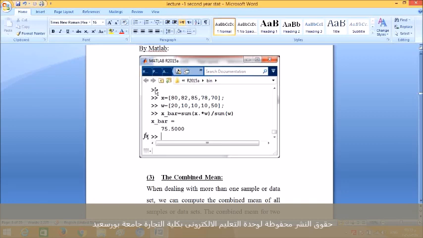This is the difference between combined mean and weighted mean. So combined mean is computed for a lot of samples, but the weighted mean is computed for only one sample with different weights for all observations in the sample, right?